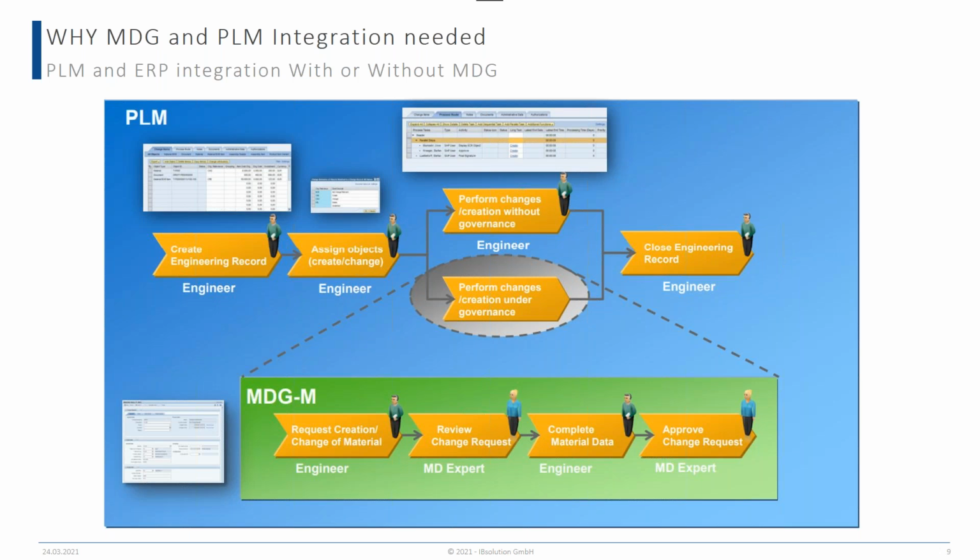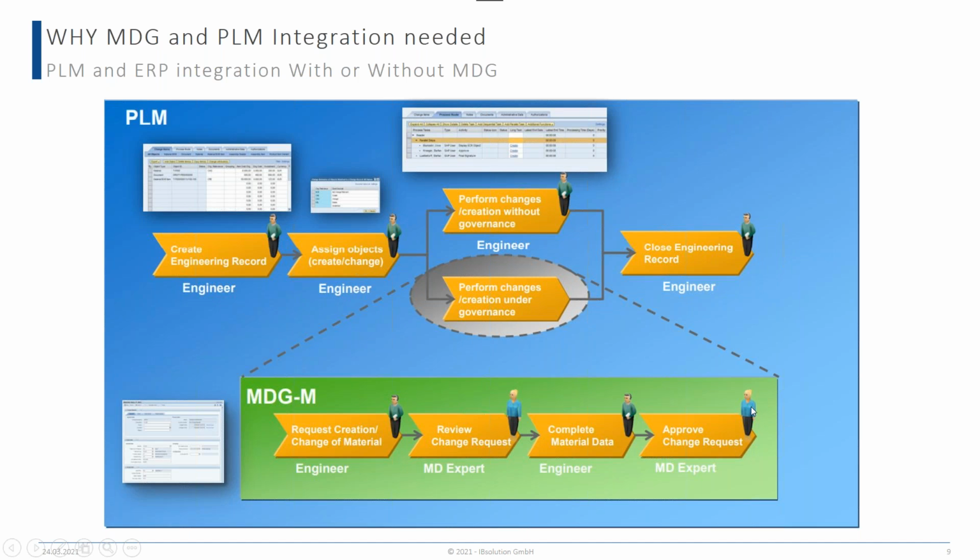Some roles and authorization, a team will be there to review the change request. Then we have engineering or some other teams to complete the material data, the missing information, and they will add it here. And at the end, the master data experts team will completely review the material and approve it.